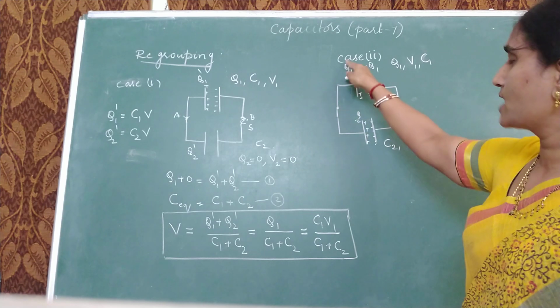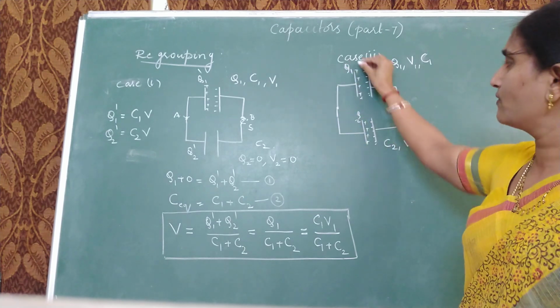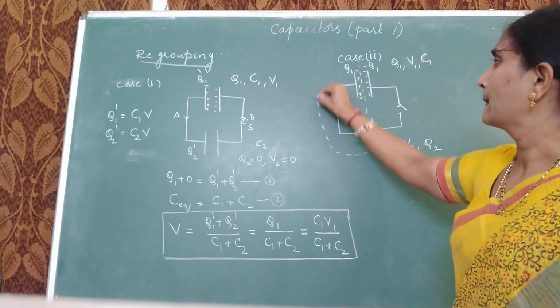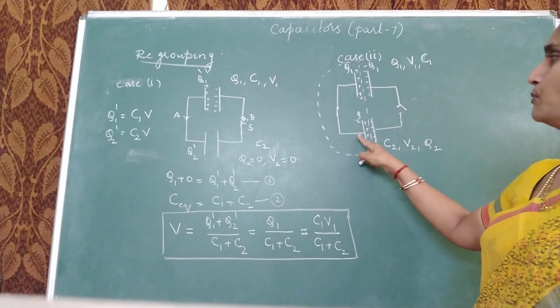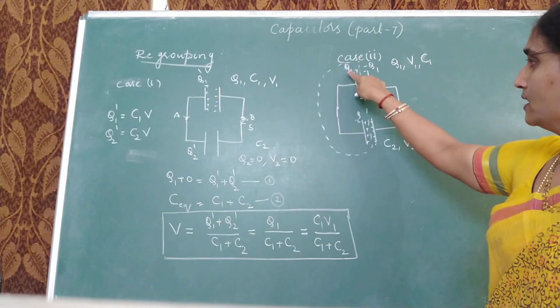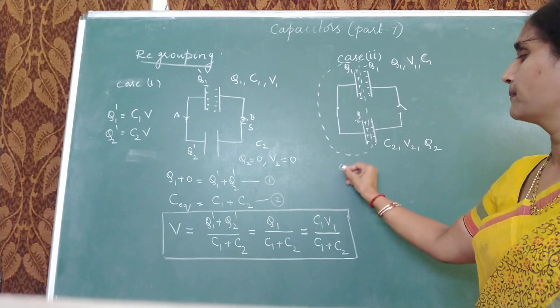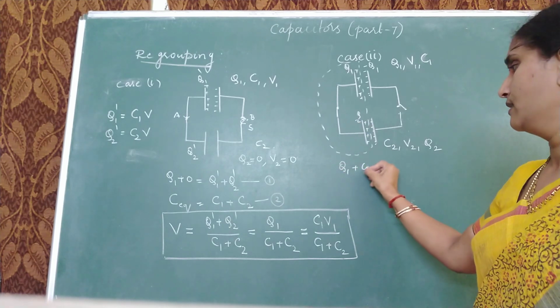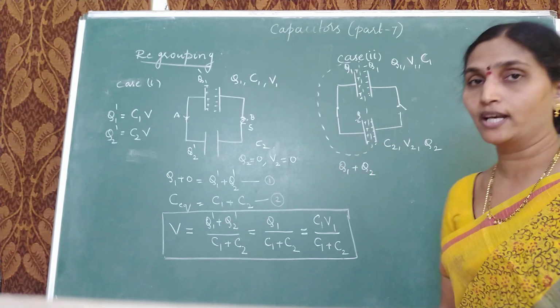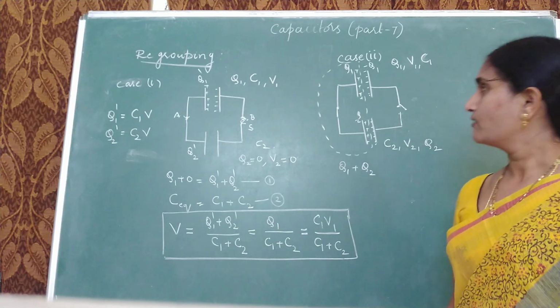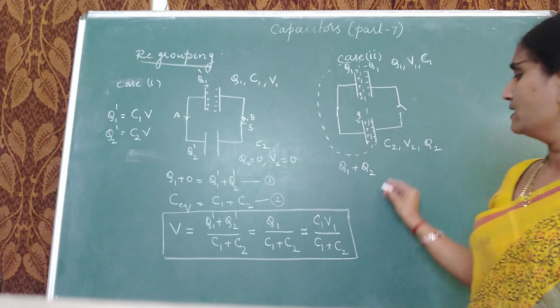Now see what is the total charge before connection. If I take this as an isolated system, this plate and this plate put together, charge on this is Q1 and Q2. Before connecting, charge was Q1 and Q2. After connecting, redistribution takes place.